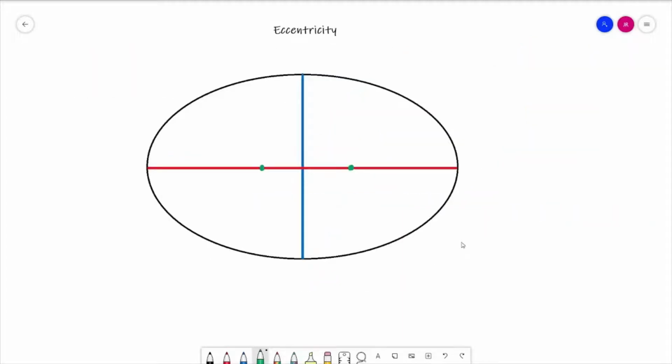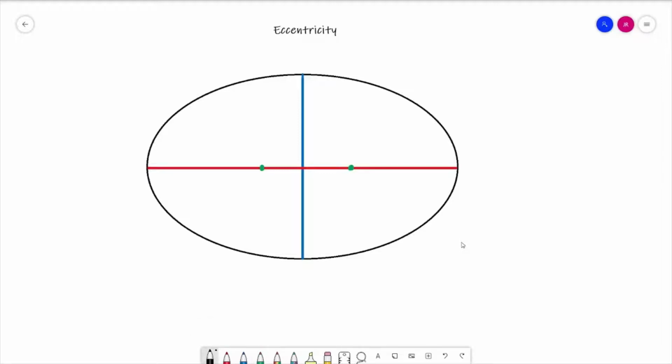Now obviously when it comes to ellipses there has to be some way that we can measure how elliptical an ellipse is. You can have some ellipses which are really quite squashed and some ellipses which are getting close to being a circle, and that measurement is known as eccentricity. Let me just show you how we can measure that.